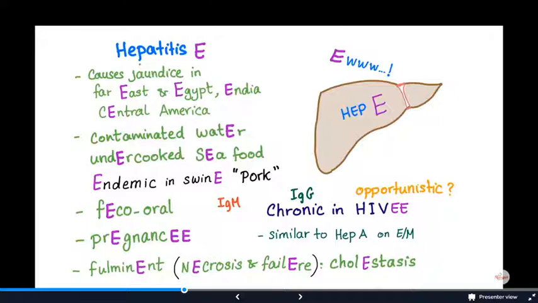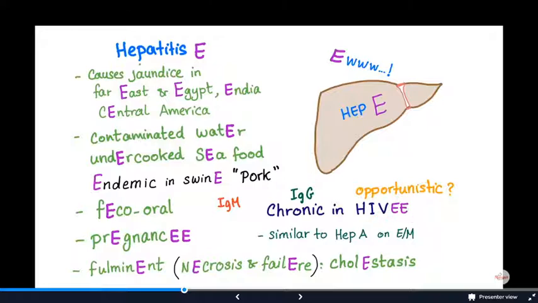Mostly it's acute. In these countries, sometimes it's the most common cause of acute viral hepatitis. But it also can be chronic, such as in patients with HIV or immunosuppression.